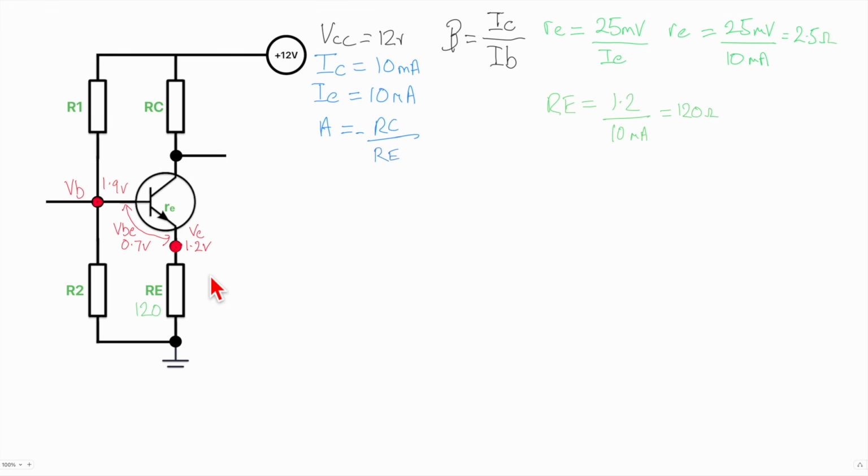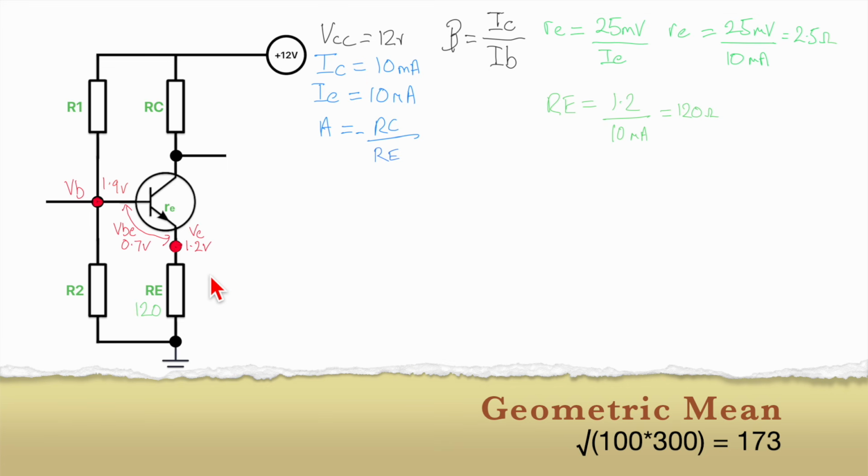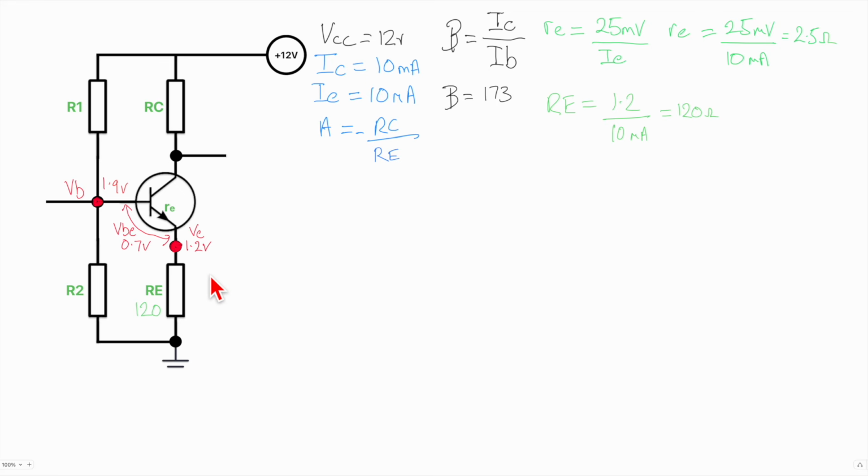So Charlie Morris, ZL2CTM, advocates taking the geometric mean of that. This gives us a beta of 173. Now, the truth is, when I measured some of my transistors, I was getting a lot more than that. And if we get around to having a look at the LTspice simulation, that gives me more than that as well.